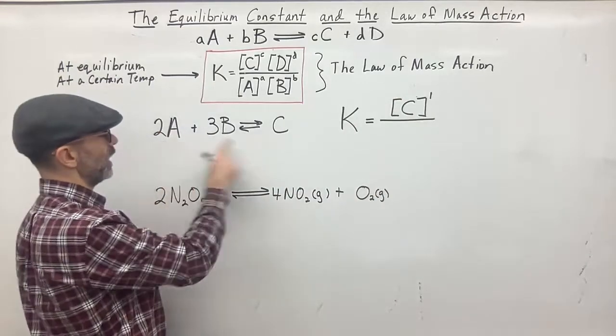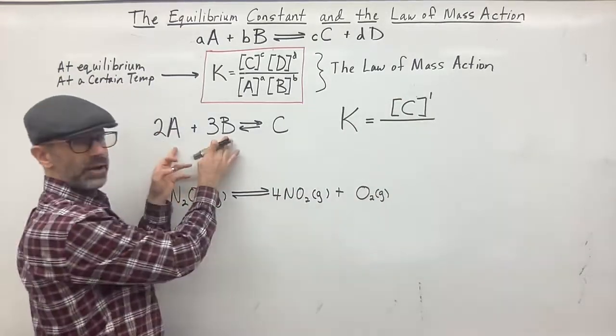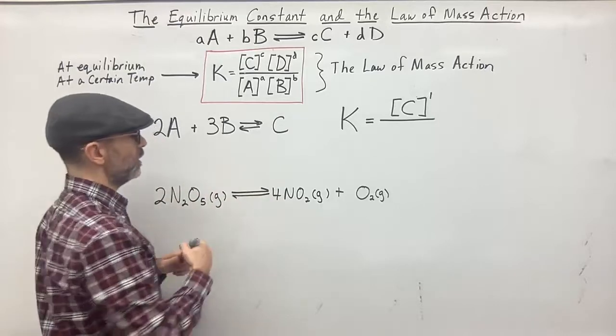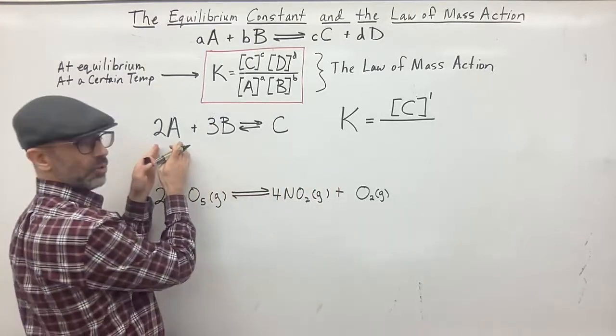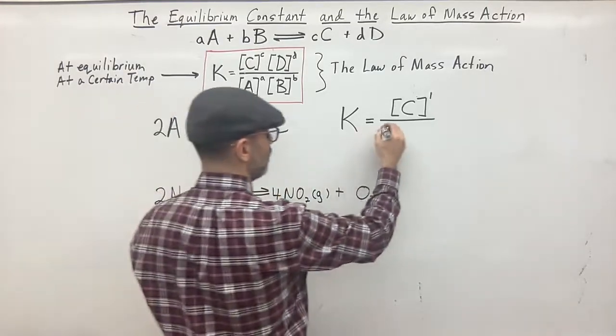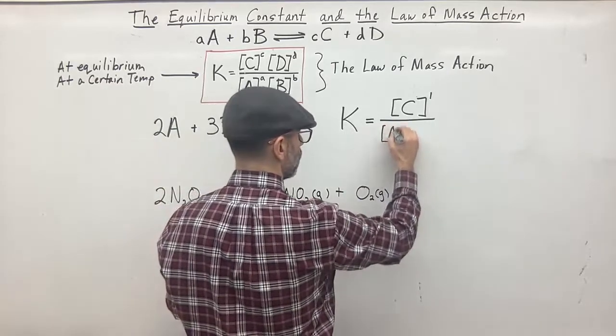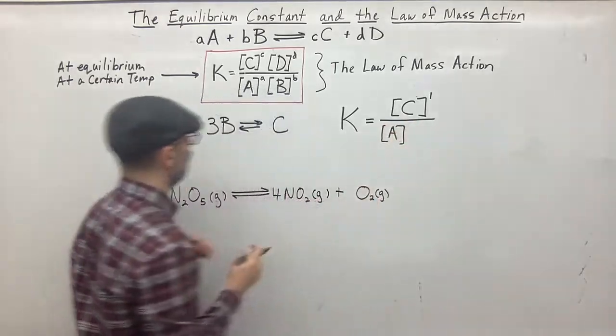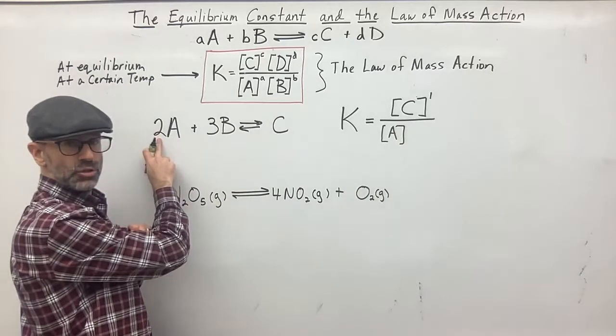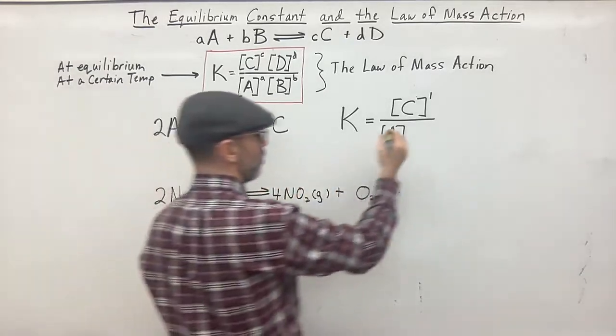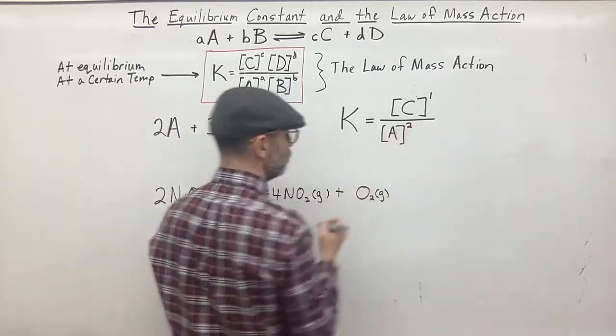So now we come to A and B. So these are reactants, so they're going to go on the bottom. So we're going to start with A, so it's going to be the concentration of A. And its coefficient is 2, so that becomes the exponent. So that's going to be 2.